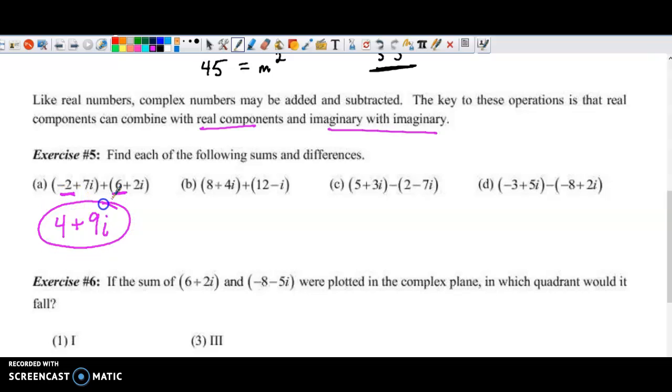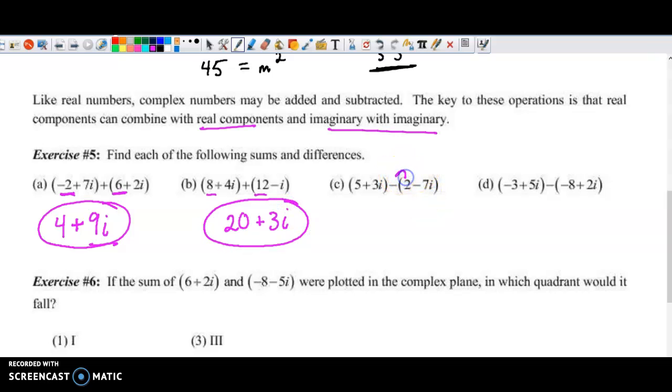And if it helps, think of them as variables: if you did 7x plus 2x, the answer is 9x. Same with the next one. 8 and 12, those are like terms, so we can combine them to get 20. And 4i plus negative 1i is 3i, just like any variables.